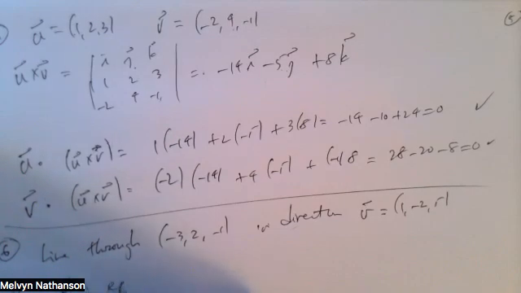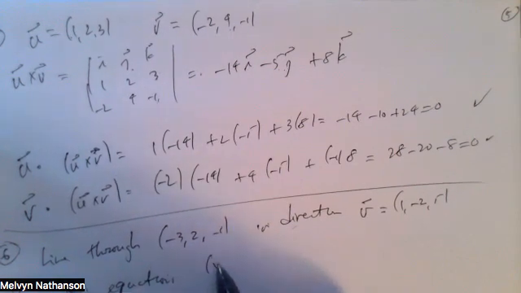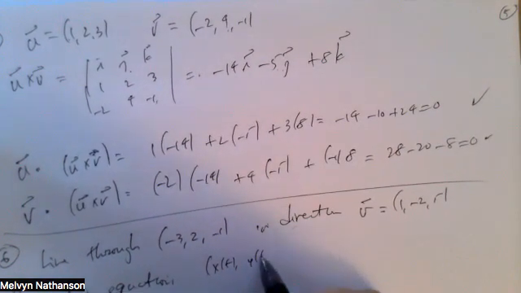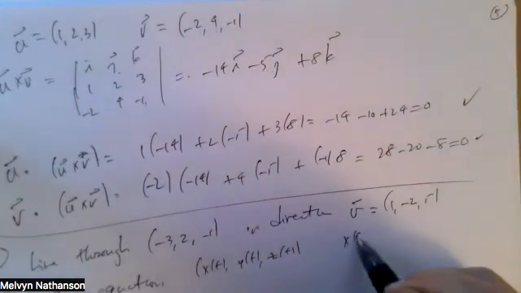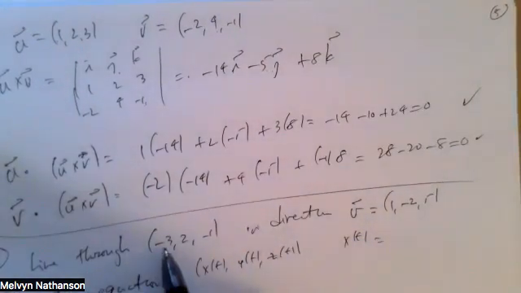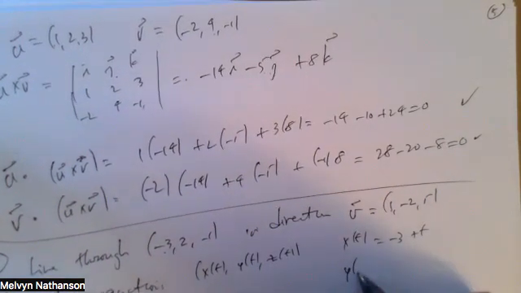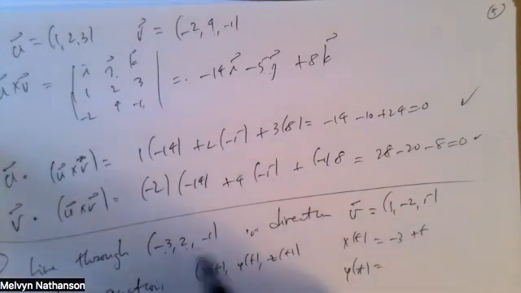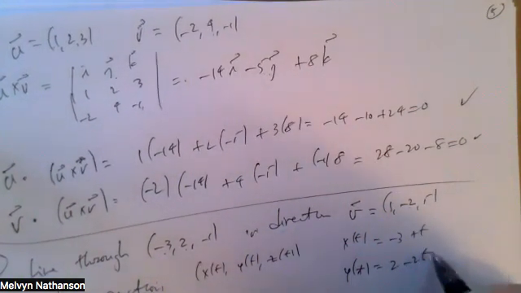So the parametric equations for the line x of t, y of t, z of t, x of t is minus 3 plus t. Y of t is 2 plus minus 2t.